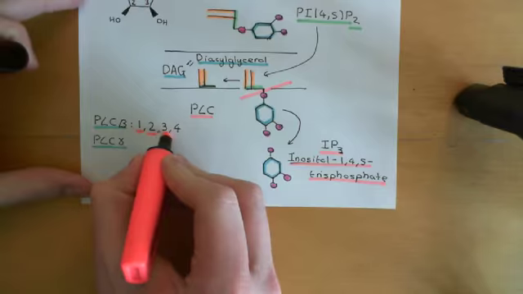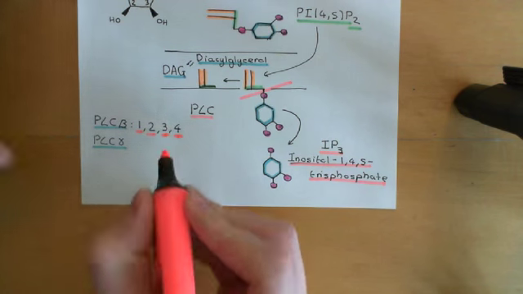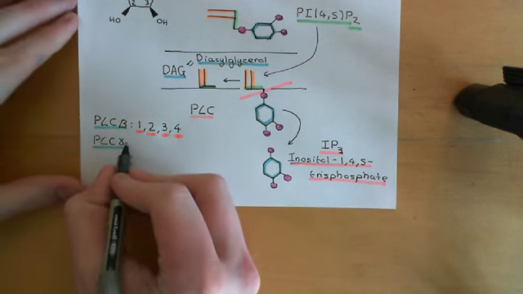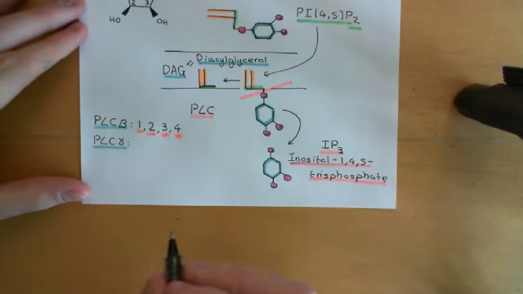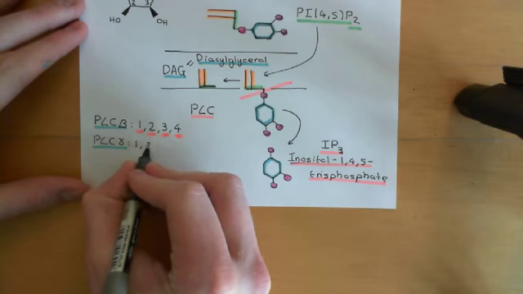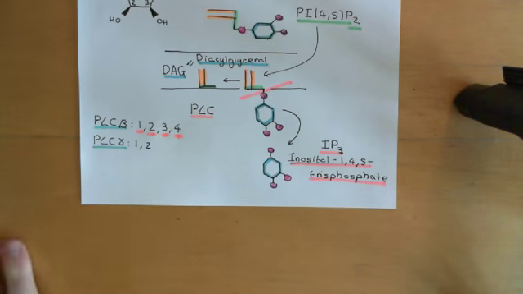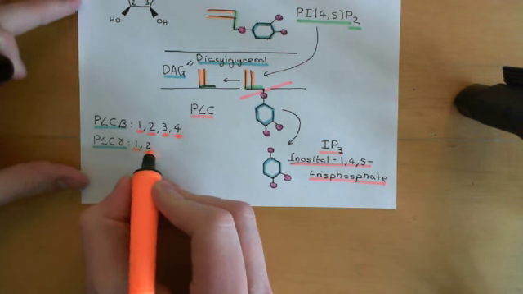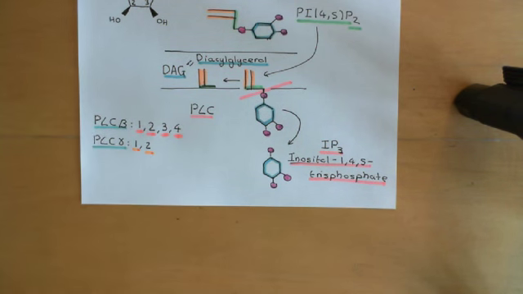Similarly, the phospholipase C gamma family has multiple members, but not quite as many. It has 2 separate members, phospholipase C gamma 1 and phospholipase C gamma 2. And again, they're coded for by different genes.